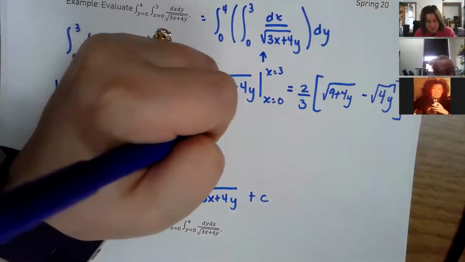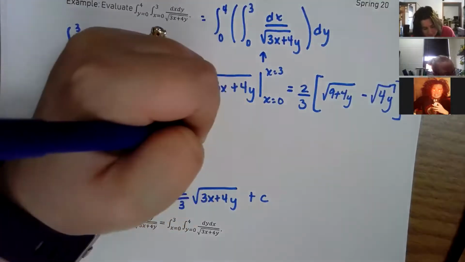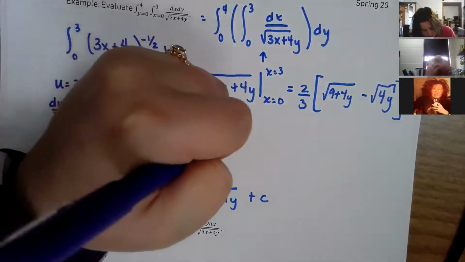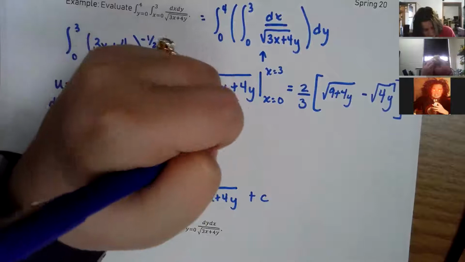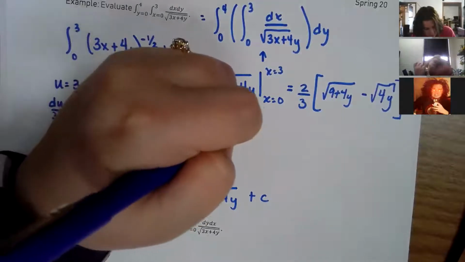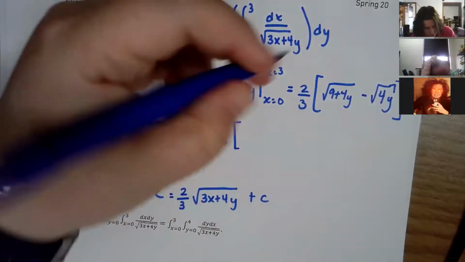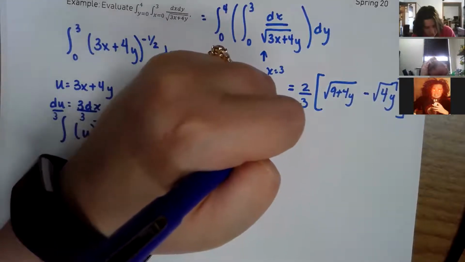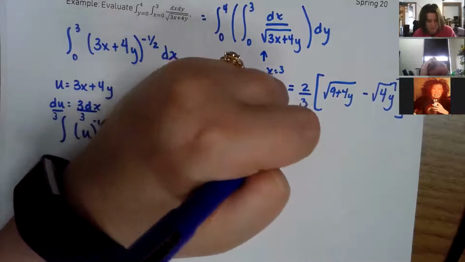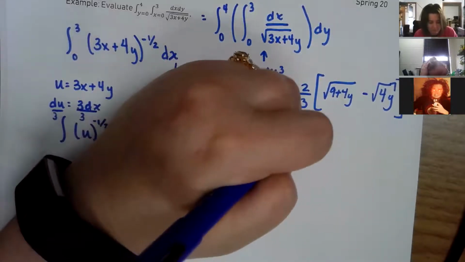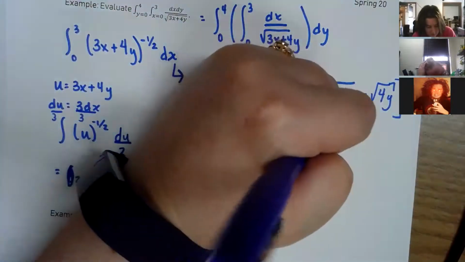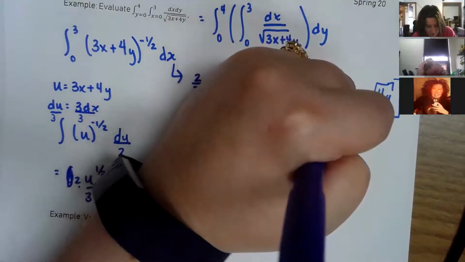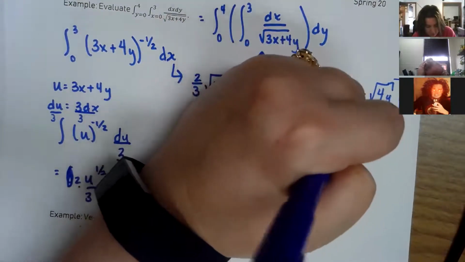So now I'm going to be integrating from 0 to 4 of 2/3 of, I'm going to write these as exponents, (9 plus 4y) to the 1/2 minus (2y) to the 1/2.